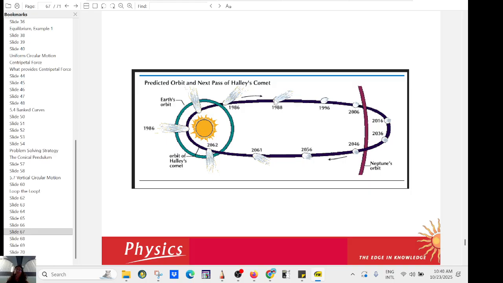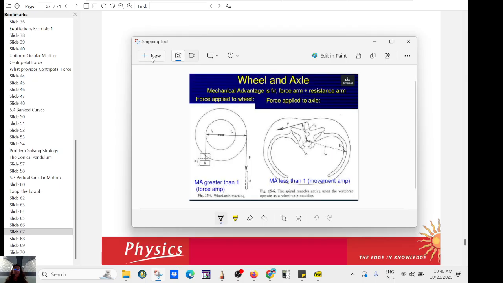Okay, the velocity will change with time, and it goes like this: very fast, and then very slow, and then very fast and very slow. Because here, not only the force due to gravity will be stronger because the comet will be closer, but it has a component along the velocity. Okay, so it has two components.